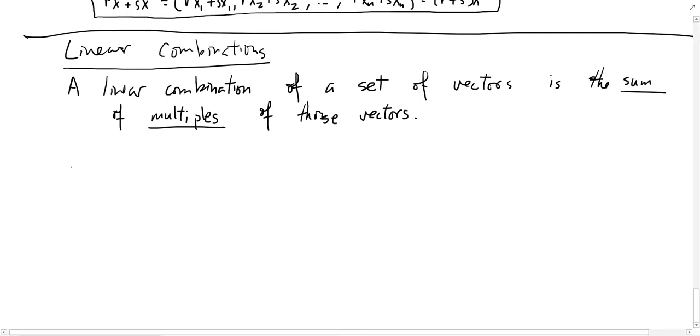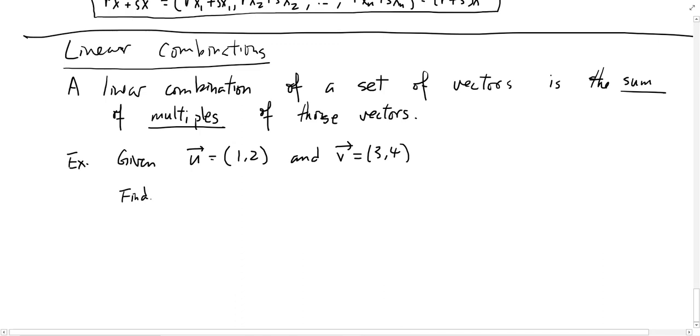So let me give you a very simple example before we define it really mathematically. Let's say I'm going to give you two vectors here. Given vector u, which is (1, 2), and vector v, which is (3, 4). Then I can definitely find something like this. I can say, let's find vector x, which is equal to 3 vector u plus 2 vector v.